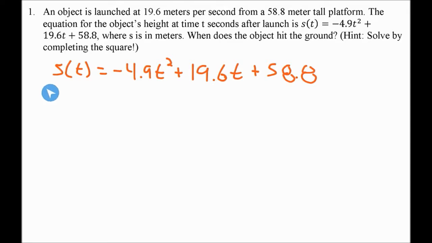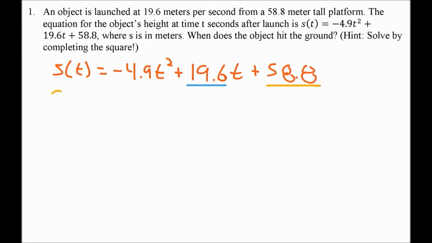Now, if I were to ask you, what is the coefficient of t in this problem? What would you say? If I'm asking for the coefficient of the t term, you don't look at this one because this would be the coefficient of the t squared term. So if we're looking for the coefficient of just the t term, that's going to be this term, and the coefficient in this case is just going to be the 19.6. I'll underline this one for constant.